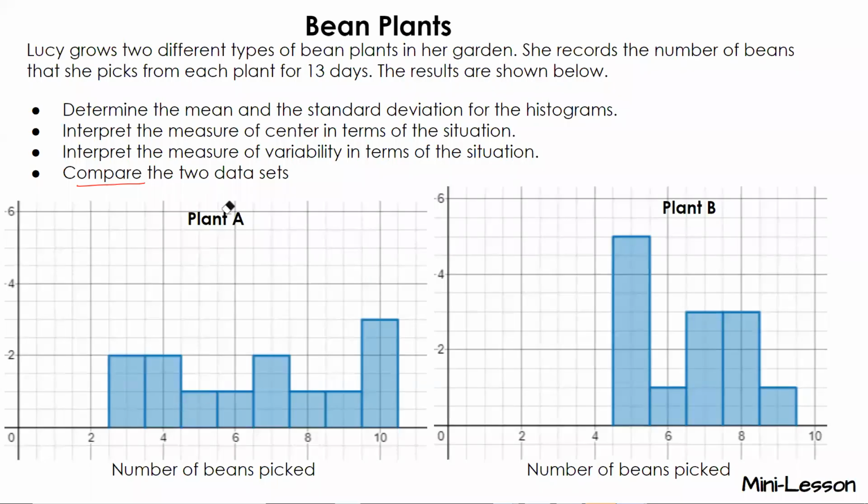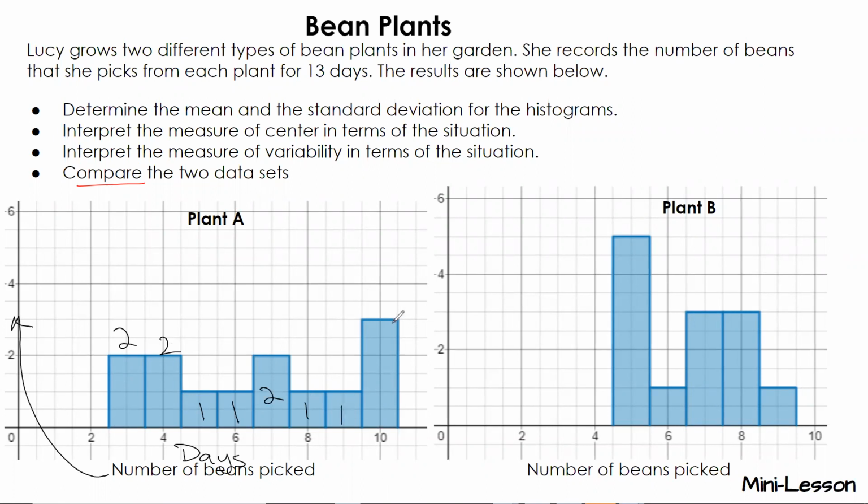Okay, so we're actually going to take this and move it to the y-axis. We're going to move this guy to the y-axis, and we're going to say that this is the number of days. Okay, so on day 3, she picked 2 beans. On day 4, she picked 2 beans. On day 5, she picked 1 bean. On day 7, she picked 2. On day 8, she picked 1.